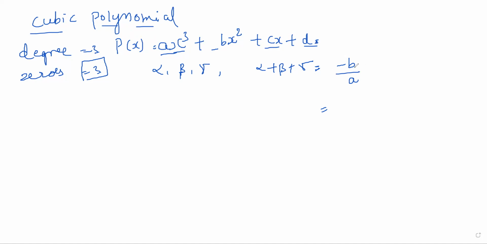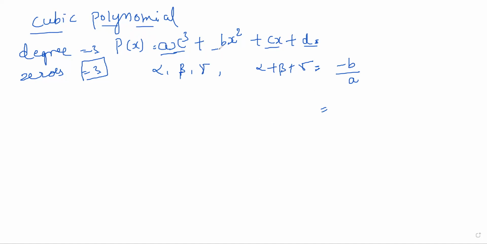Here b is the coefficient of x square. In the previous case it was the coefficient of x, and before that it was the constant. So the coefficients are different, and by seeing the polynomial you have to write the values.